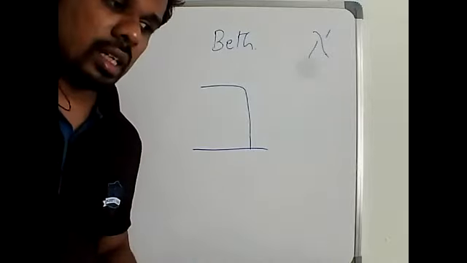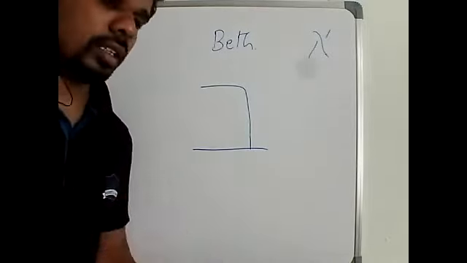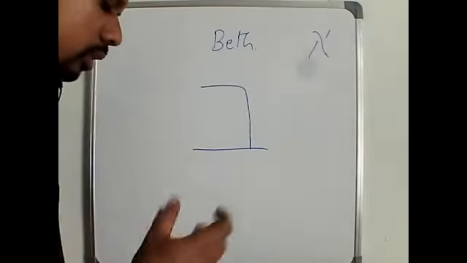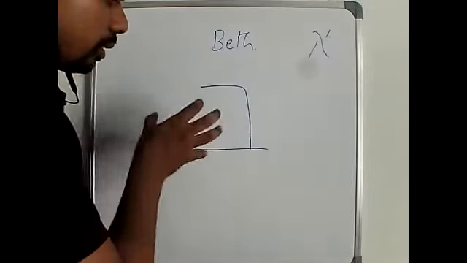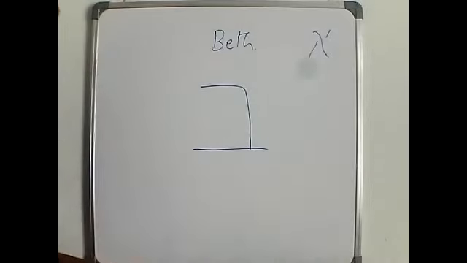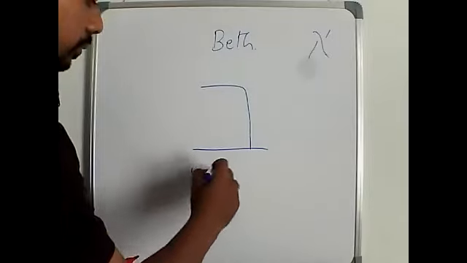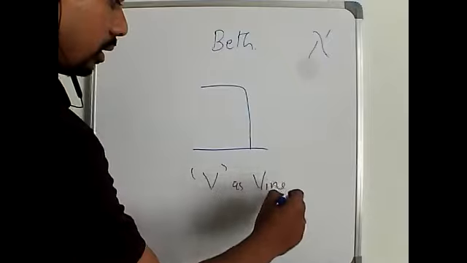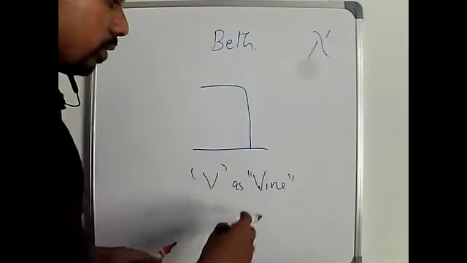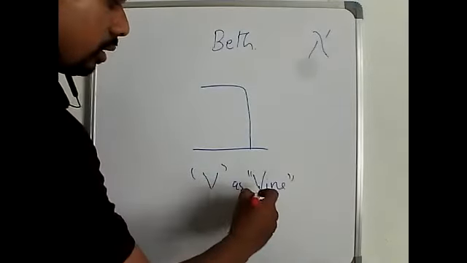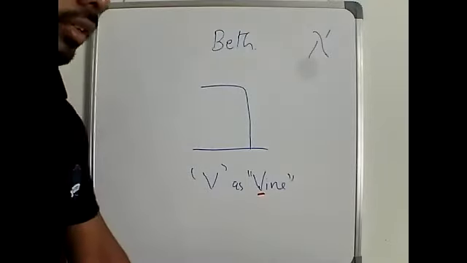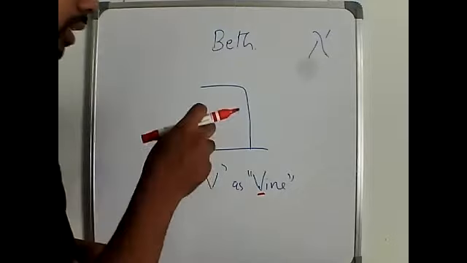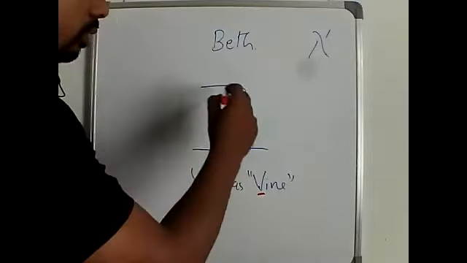This Beit has two sounds. If the Beit comes in this way, the sound is V, as in wine. This is the English word wine. The sound here: va, va. Can you hear me? Va.